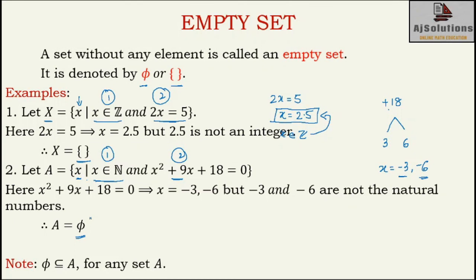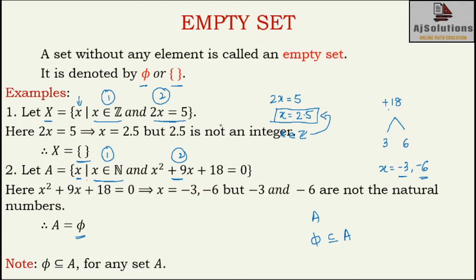And one very important point over here: the empty set is a subset of A for any set A. In general, if you have any set A, we are not aware of what the members are, what all things we have in A, we can still say the empty set is a subset of that set A. And how does this happen? It happens with the help of the definition of subset.